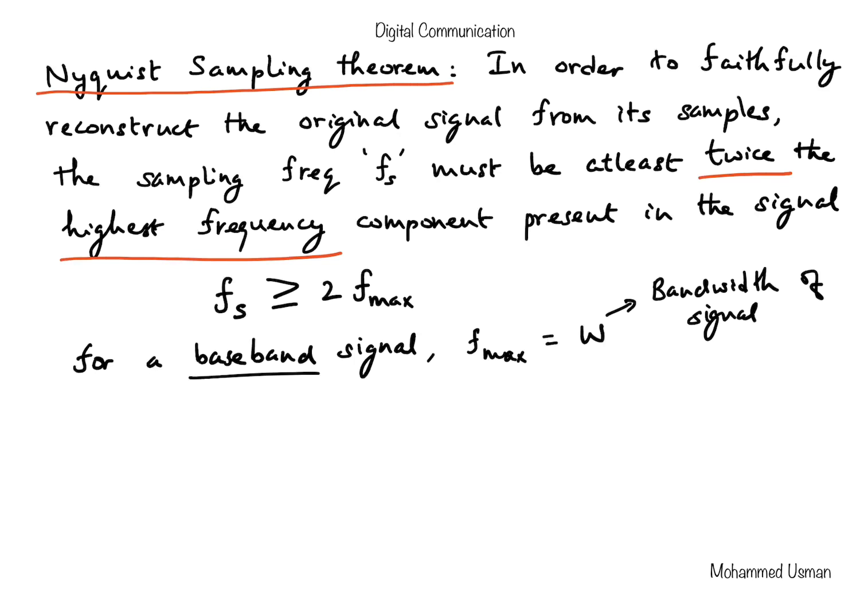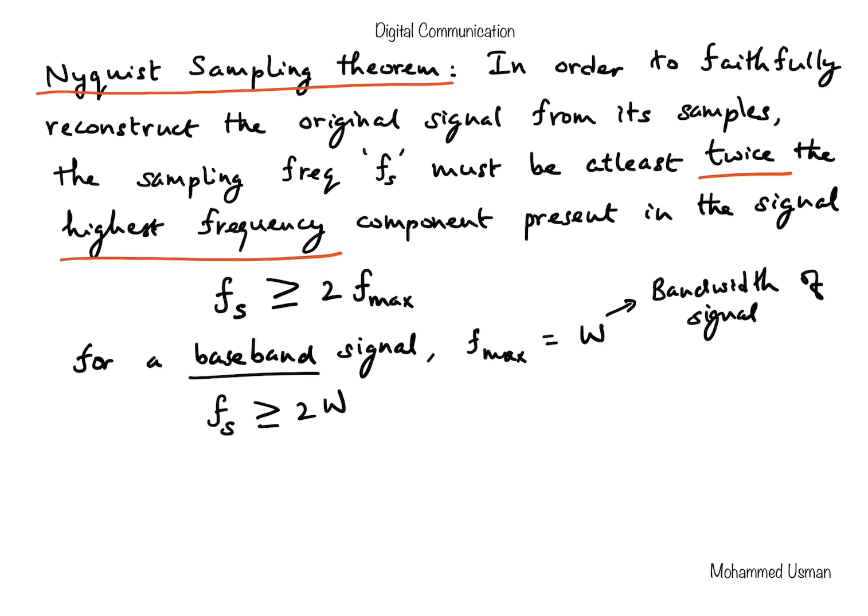So with that notation, we can now write the sampling theorem as Fs to be at least twice the bandwidth of the baseband signal that we are sampling.